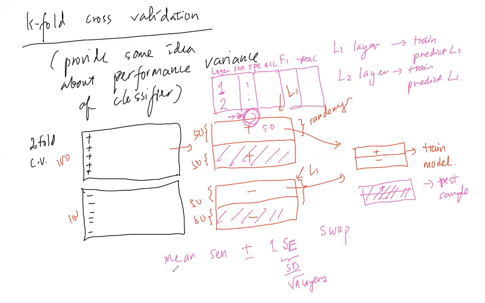So this will give you some idea about the variation of your sensitivity. Previously you saw that it's just one number, because you only use one data set to test. But now you can have multiple data sets to test. So you will have a mean, and you will have some measure of variability. This is one way to do it.